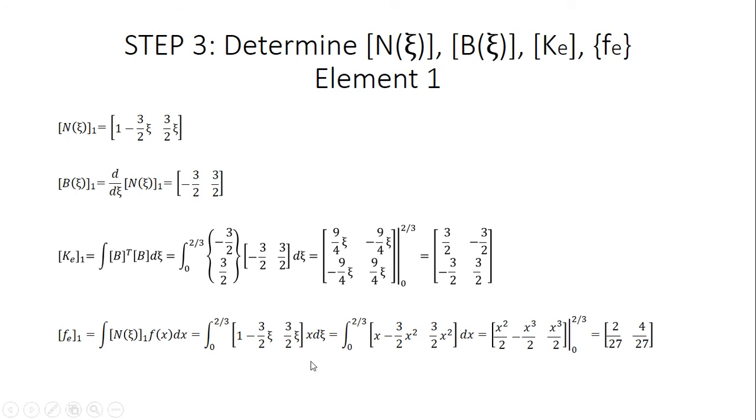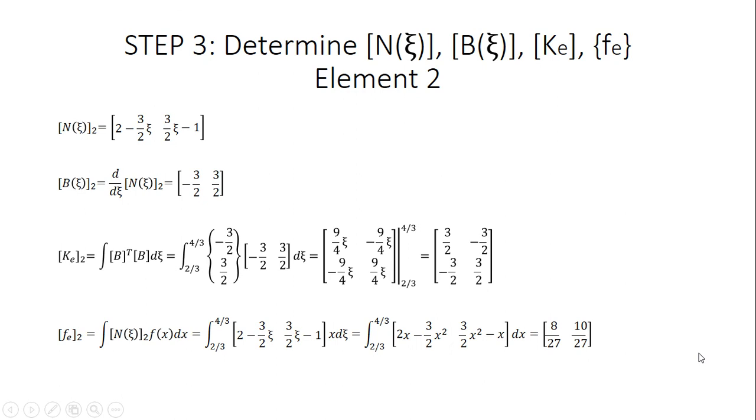And in 2 dimensions, x is equal to z, so we can simply replace the z's with x's, and we end up now with this integral, so the integral from 0 to 2/3 of this matrix here. And then once you take the integral, you end up with your final F matrix for element 1.